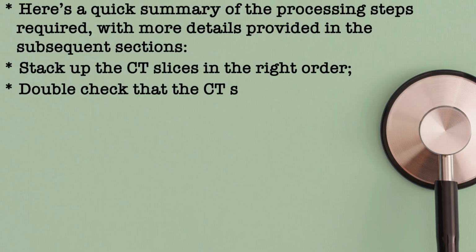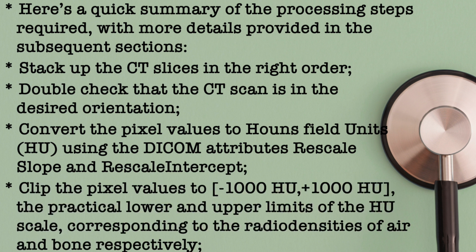Now I am going to discuss the CT image pre-processing steps. Here is a quick summary of the processing steps required, with more details provided in the subsections. Stack up the CT slices in the right order. Double check that the CT scan is in the desired orientation.